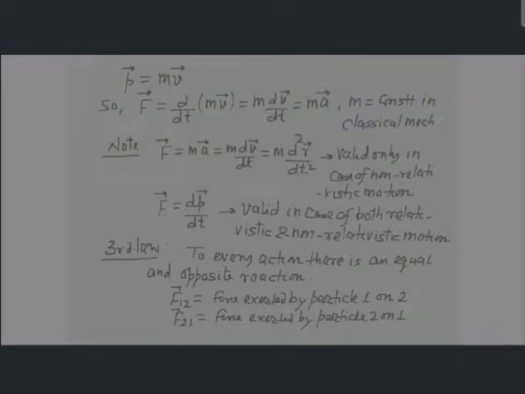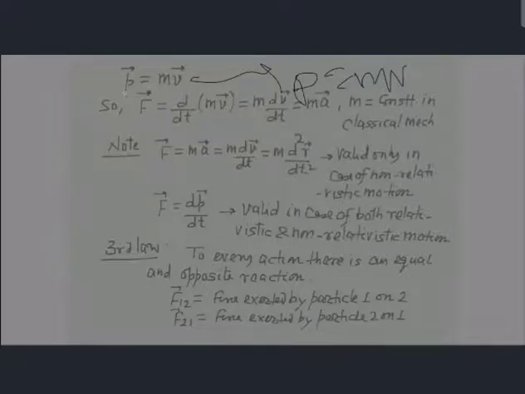Now p equal to mv, but one thing you will have to remember here: do not make the childhood mistakes like p equal to mv that you used to write in the school days. That was for rectilinear motion. In rectilinear motion, even if you don't use the vector sign, it doesn't make a difference.